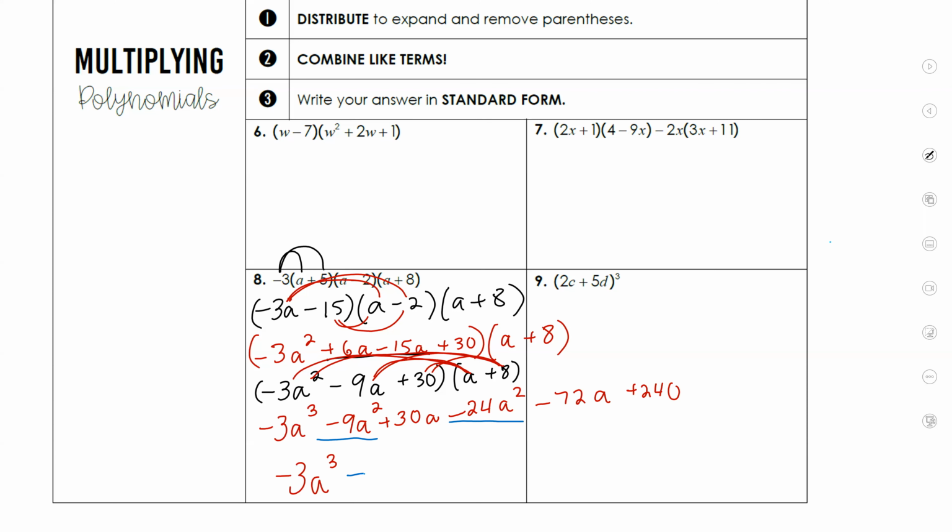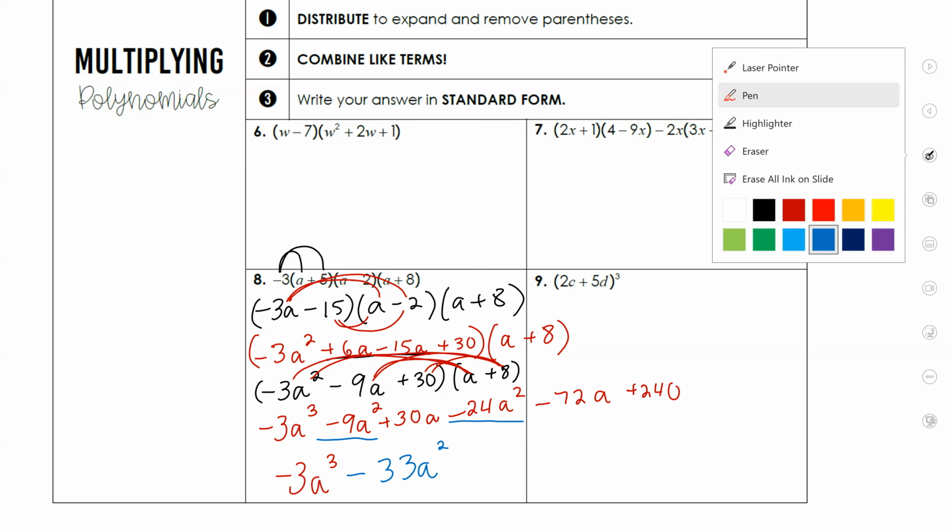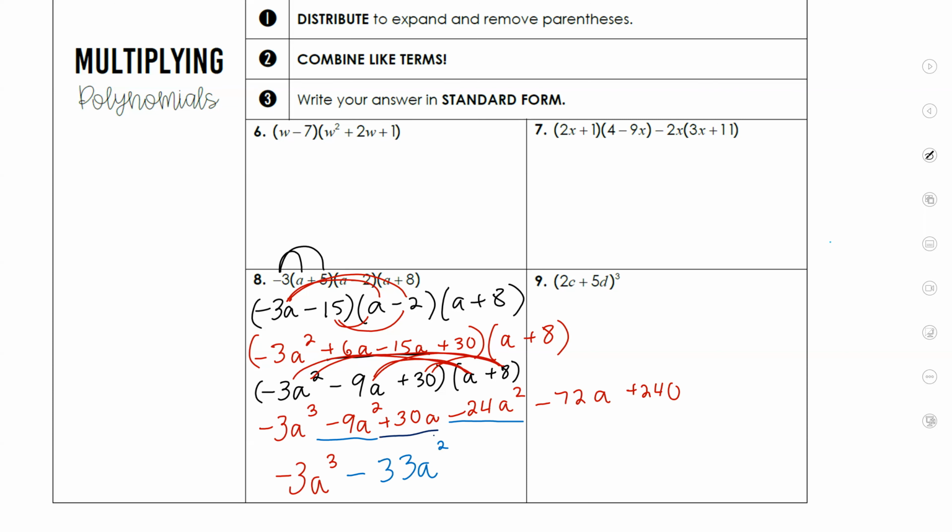What did you say? -33a squared. Thank you. All right, next one, different color. The single a terms: 30a minus 72a is negative 42a. And then plus 240. All right, so that's your answer.